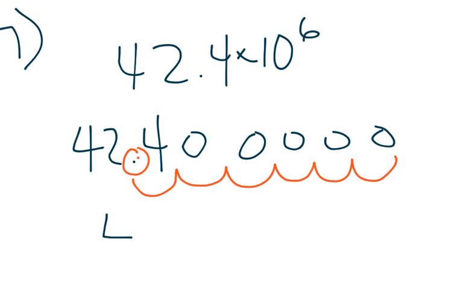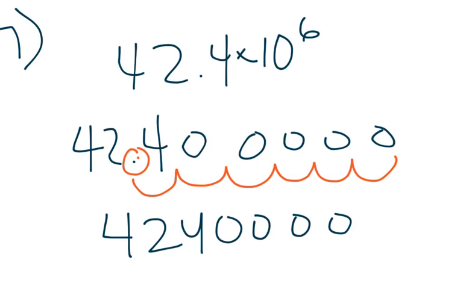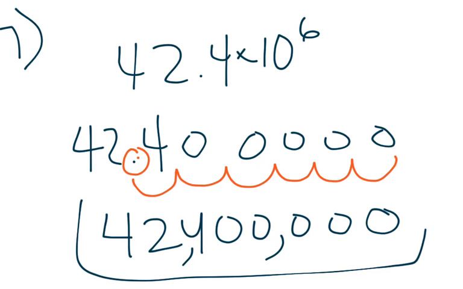So our answer is 42400000, and commas after every third number, so that's 42,400,000, and this is our final answer for number 7.